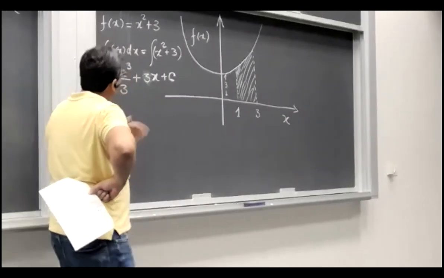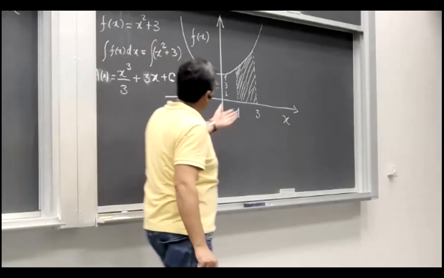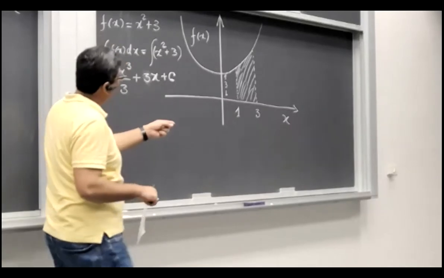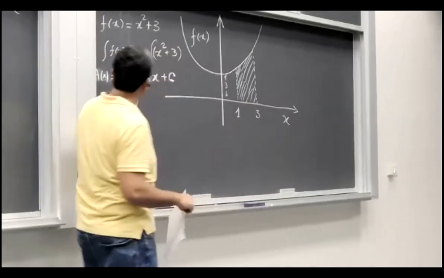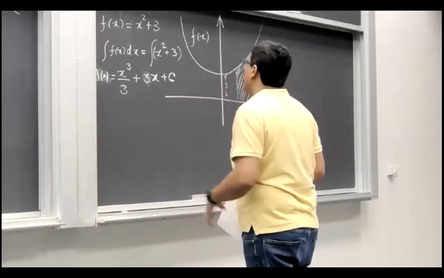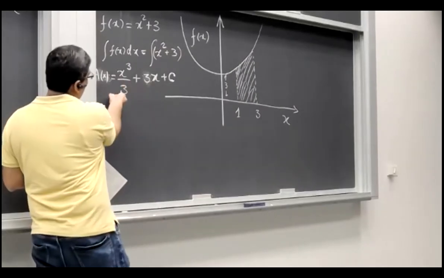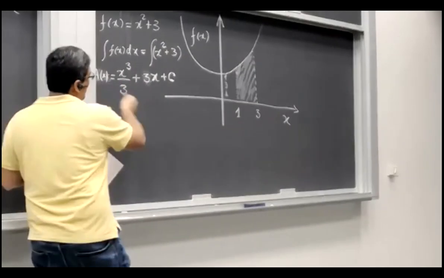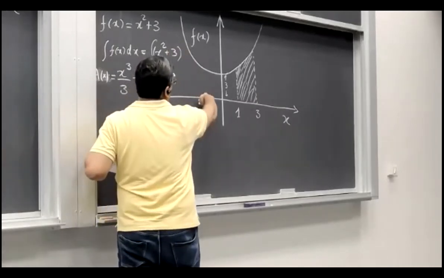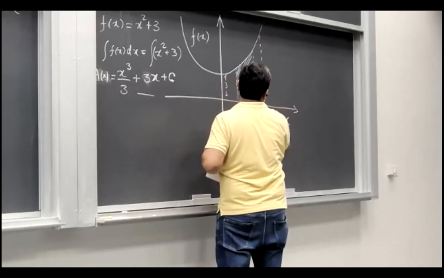But in our case, we have a definite integral. We have to find the area between these two limits. So how do we impose those limits? How do we plug those numbers in here to find this definite area? Let me say that the area I've calculated is from minus infinity, all this area under this curve, up to a variable point on this axis called x.